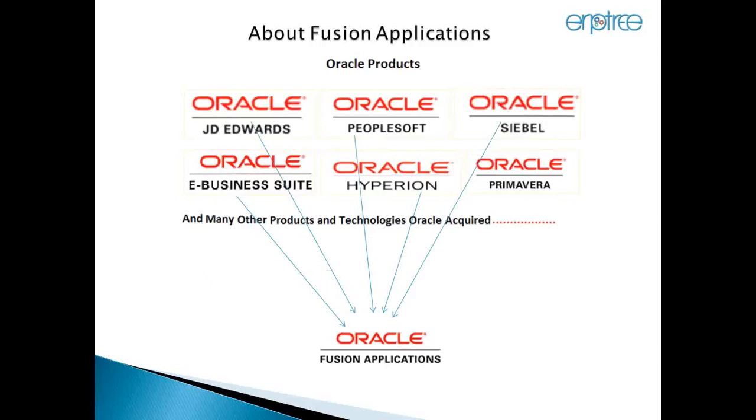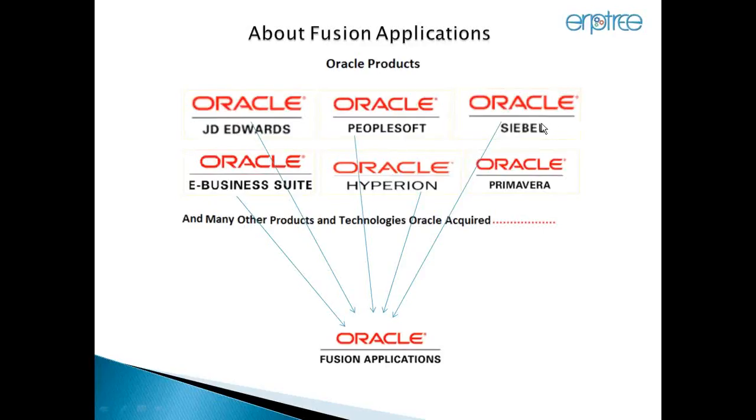By taking the best solution from the different ERP and other enterprise products, they built the application called Fusion applications. Within the Fusion applications, the solutions we have are legacies from different ERP products. The order management solution they took from JD Edwards. The CRM, customer relationship management solution, they took from Siebel.